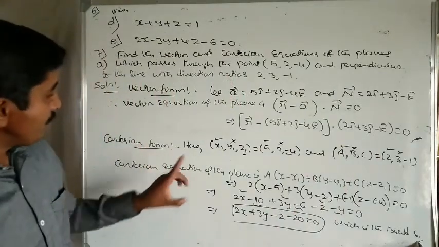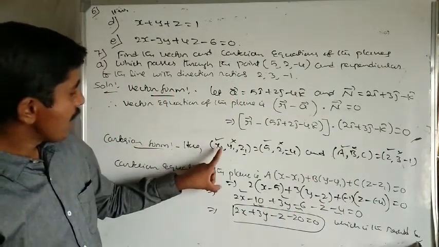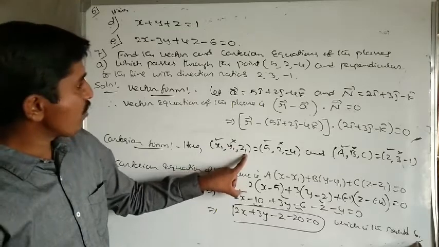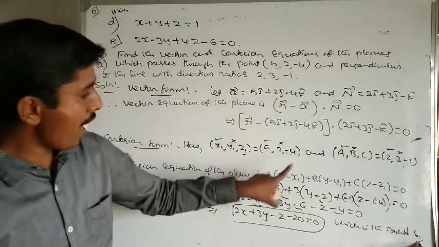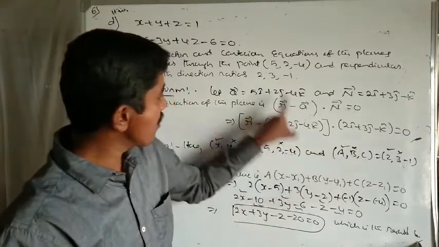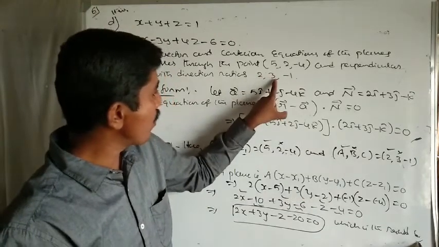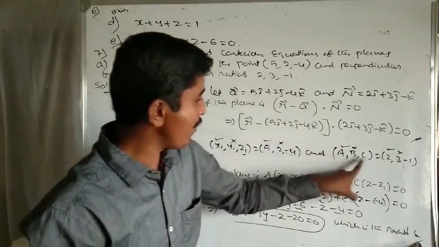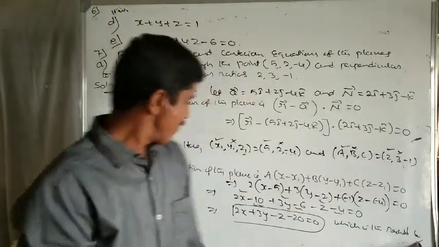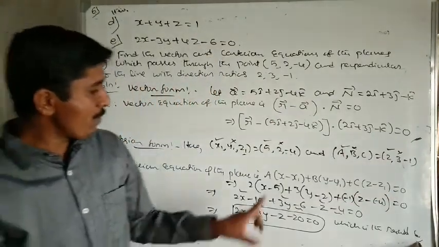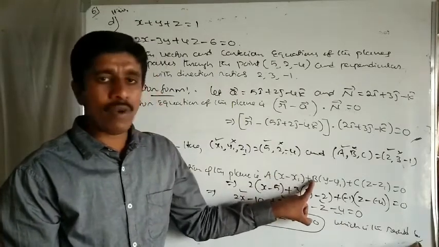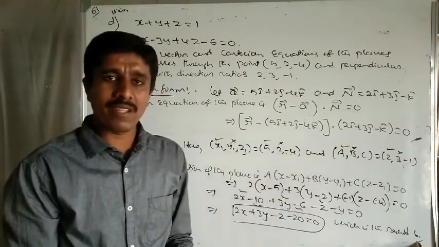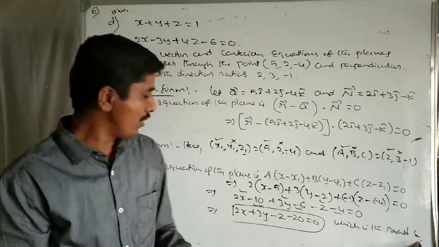In coordinate form, take x1, y1, z1 as the point 5, 2, minus 4, and the direction ratios a equal to 2, b equal to 3, c equal to minus 1. The equation of the plane is given by a into (x minus x1) plus b into (y minus y1) plus c into (z minus z1) is equal to 0.